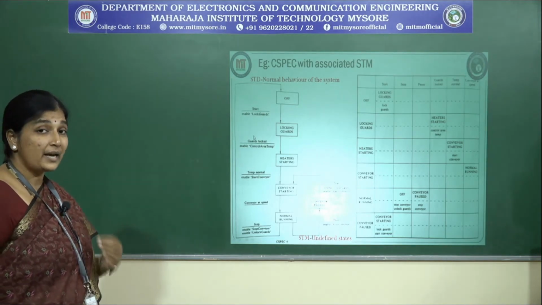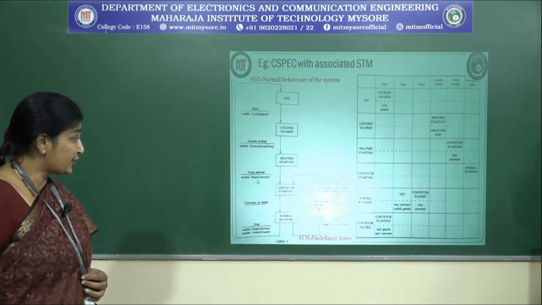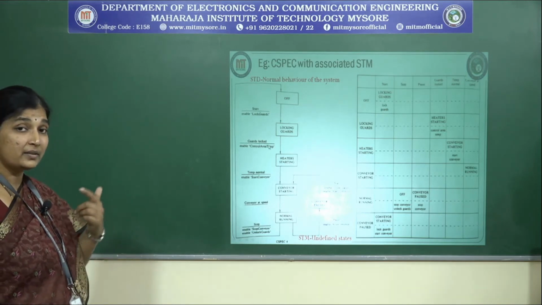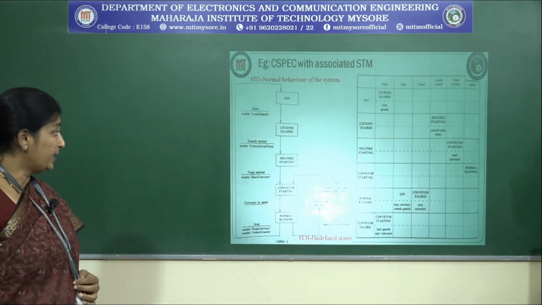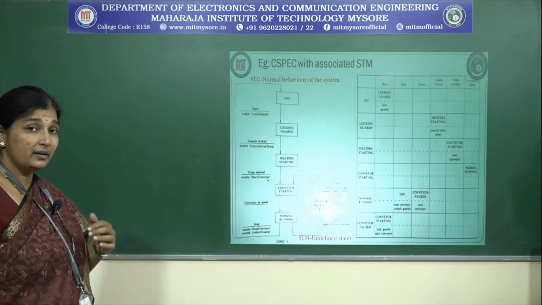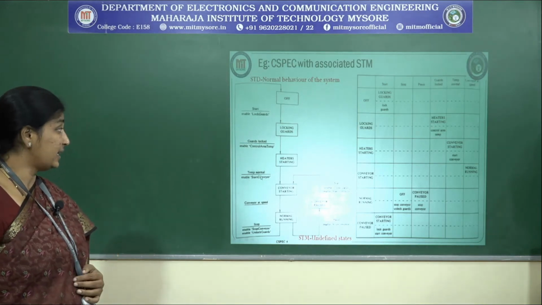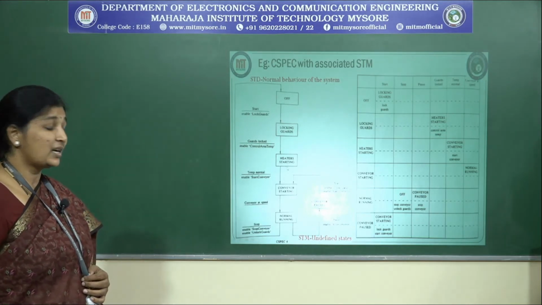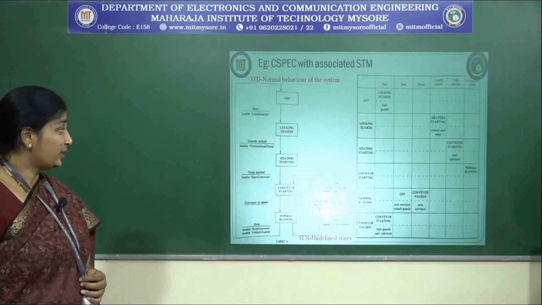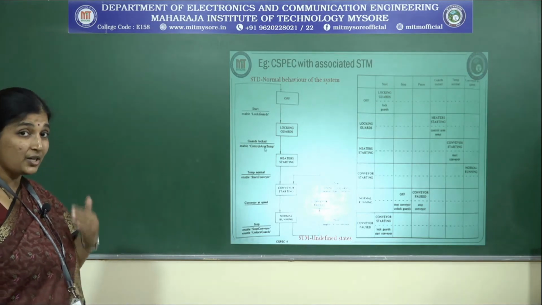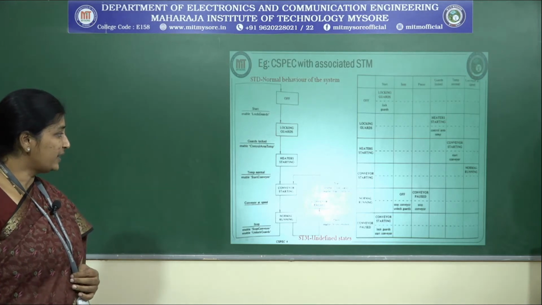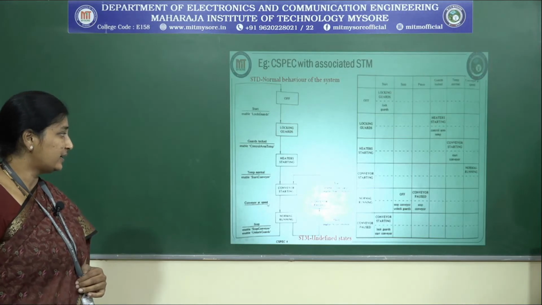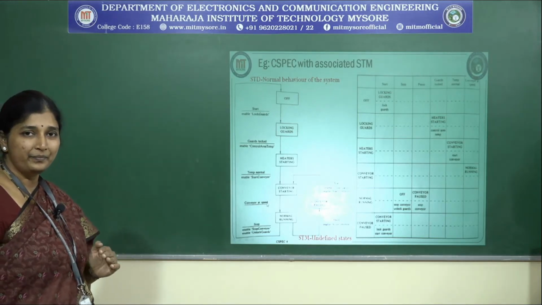What is an event? What is an action? Based on these events and actions, you then have the conveyor starting. When will the conveyor start moving? Start conveyor goes on only when there is an event, that is the temperature becomes normal. Then it changes its state from heater starting to conveyor starting. So that is a change of state. Next, from conveyor starting to normal running, when will it happen? Only when the conveyor is at constant speed, right?